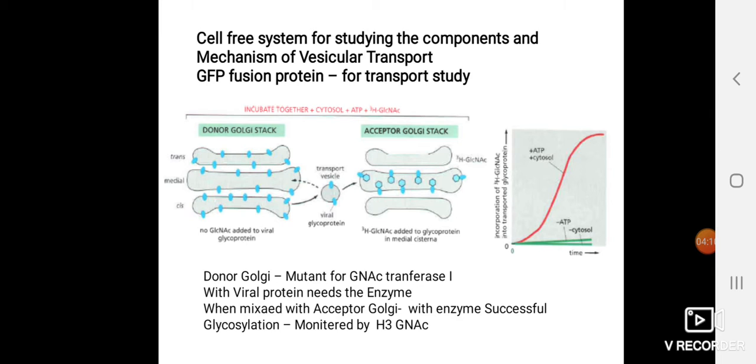What was identified is there was increased consumption of ATP, and cytoplasm was also there. There was an increase in the radio labeling observed. That means the tritiated N-acetyl glucosamine.